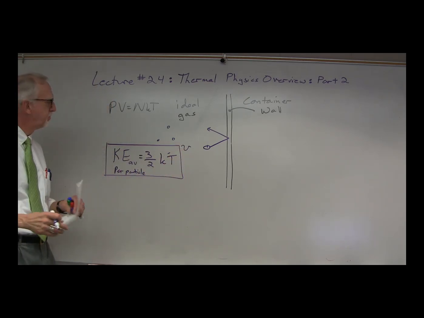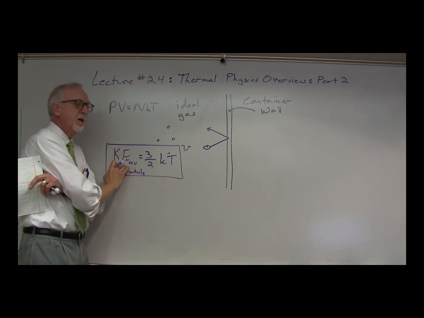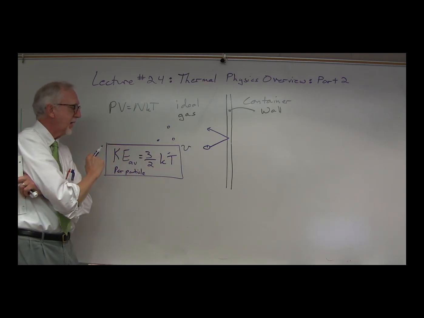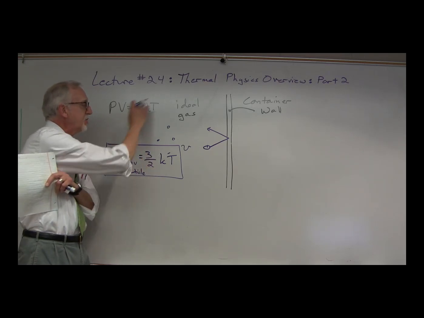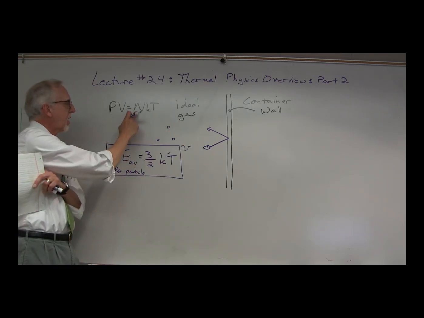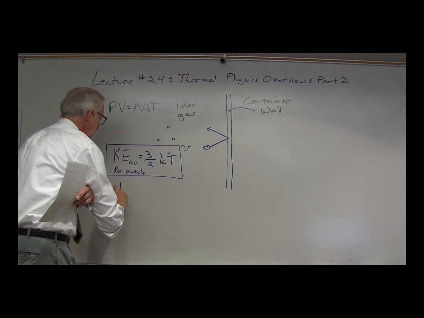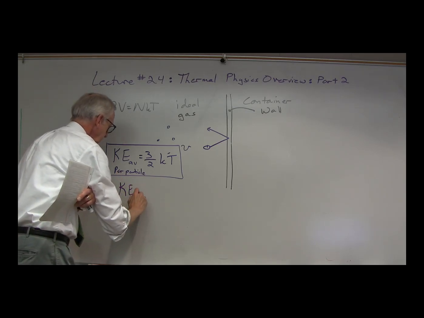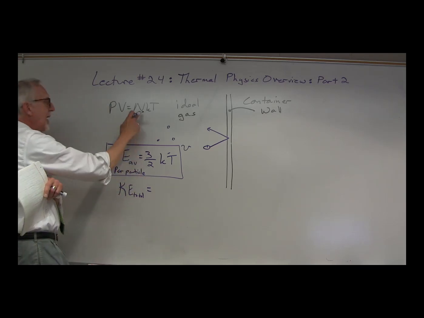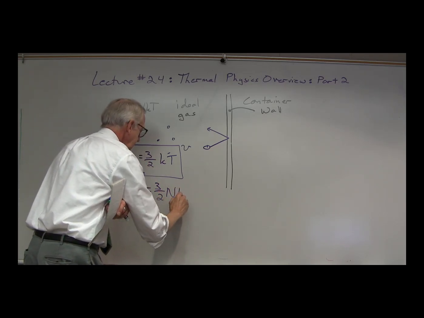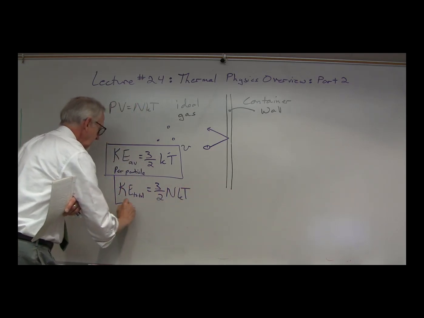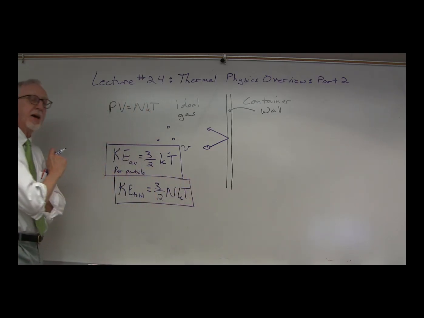The total energy of the entire gas, if each particle has 3/2 kT and there are N particles, will be N times this, or 3/2 NKT. That's the total energy of the gas.